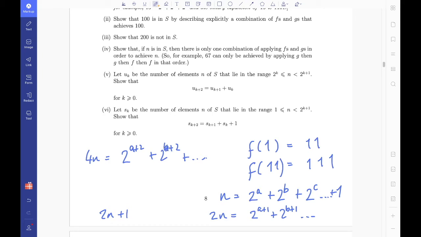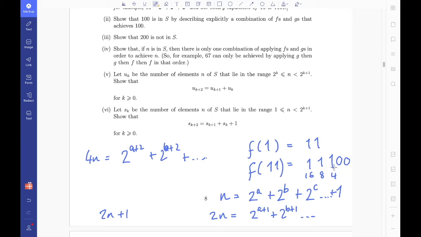For instance, multiplying 7 by 4 gives you 28. If you put 2 zeros on the end of 1, 1, 1, that should work, right? This is in fact 4 plus 8 plus 16, which is 28, so it did work. So you just put 2 zeros onto the end of a number when you apply g to it.